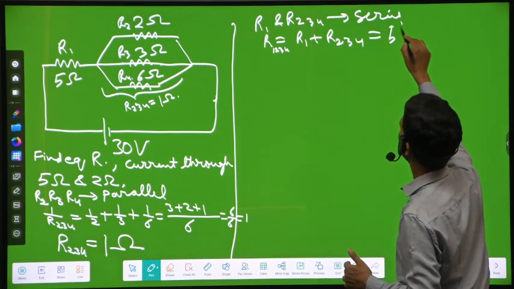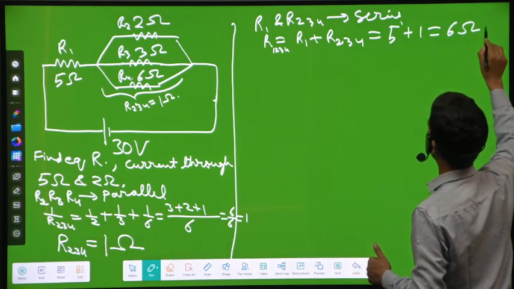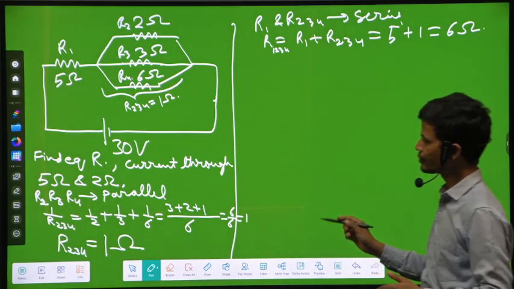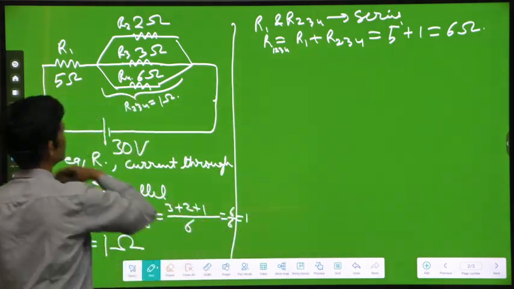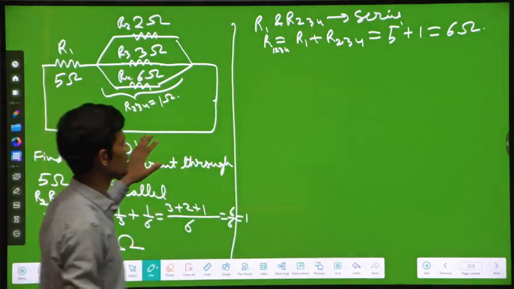That is 5 plus 1, 6 ohm. Now try to find the current throughout the circuit.